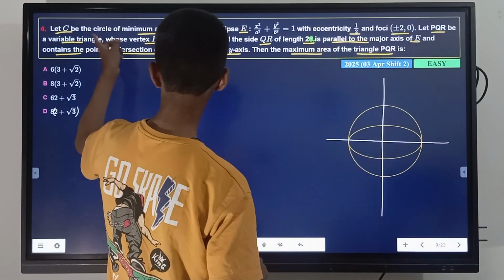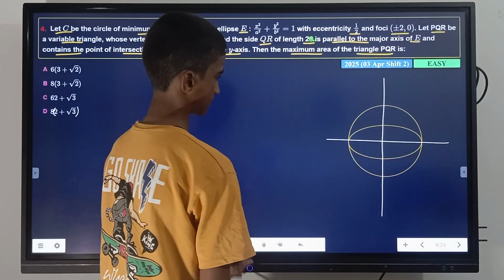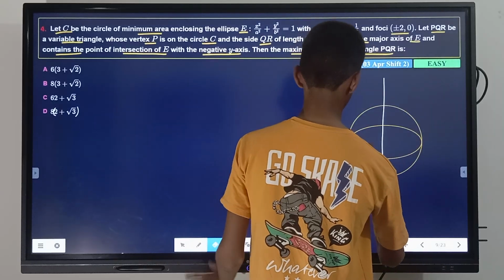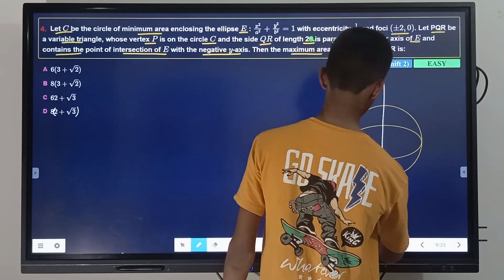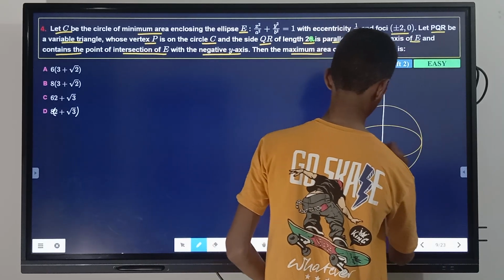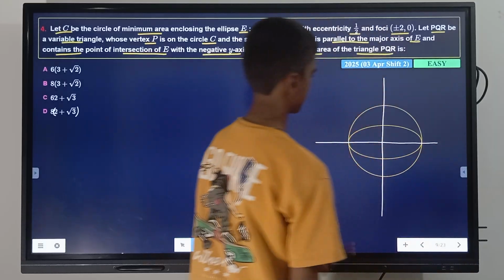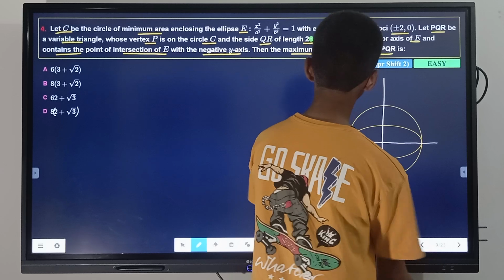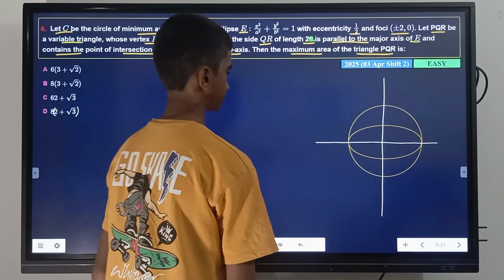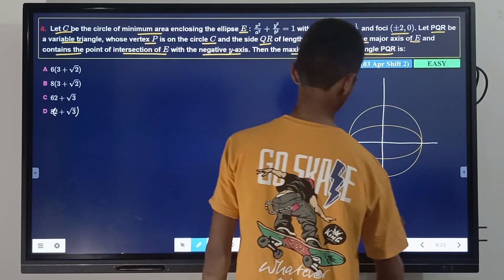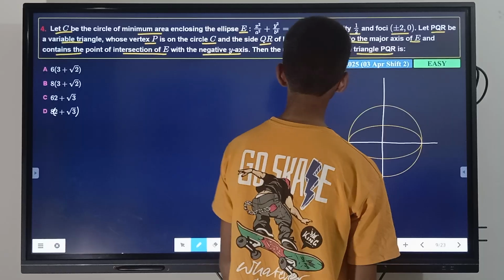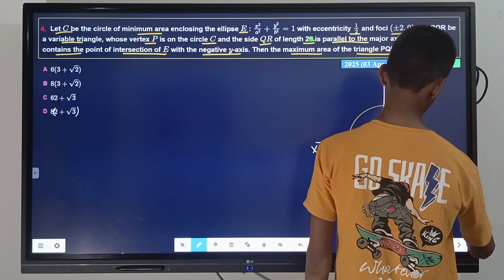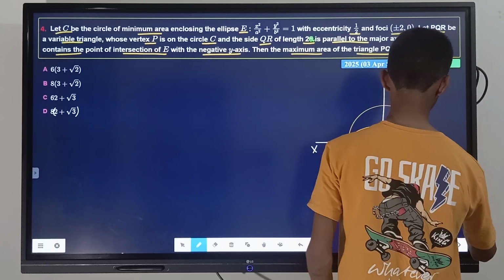Now the circle with minimum area enclosing the ellipse E will simply have the same center as the ellipse and pass through (a, 0) and (minus a, 0). This is x, this is y. And this point, let's say, is (a, 0).